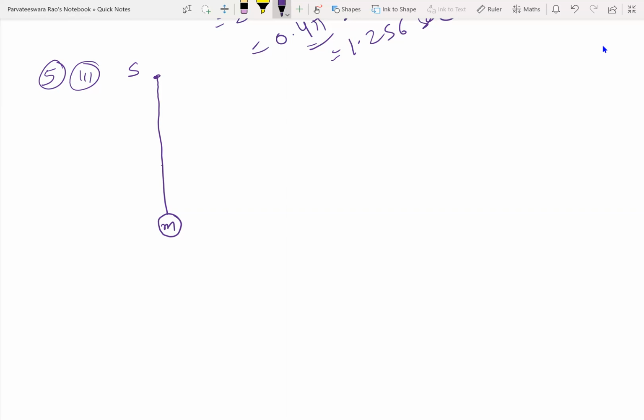A nail is located at a distance of 3L by 4 from the point of support.